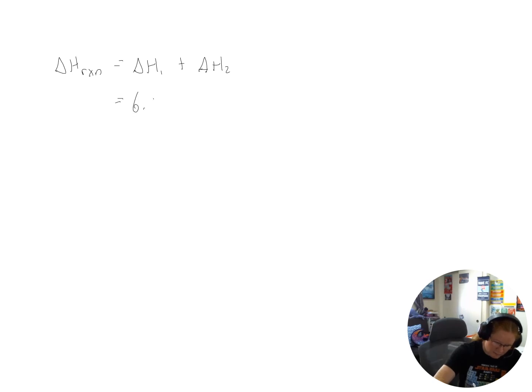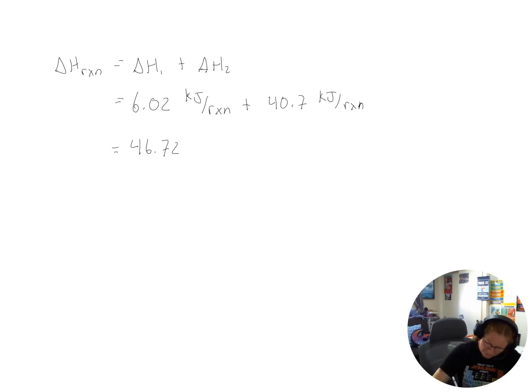So we're going to get 6.02 kilojoules for the first reaction plus 40.7 kilojoules for that second reaction. And we're going to get 46.72 kilojoules for our target reaction. Okay?